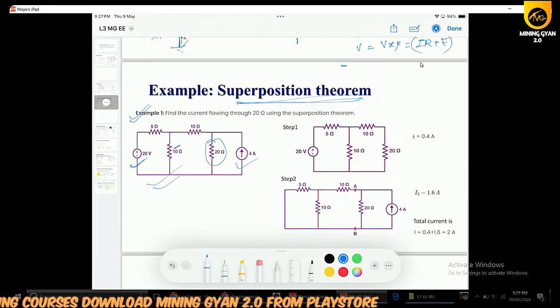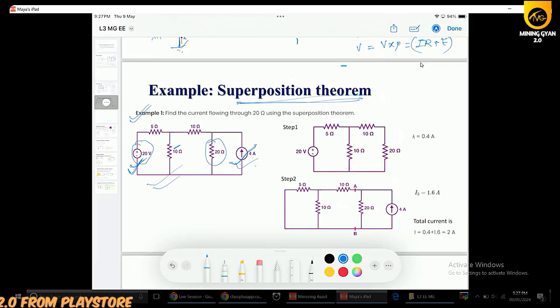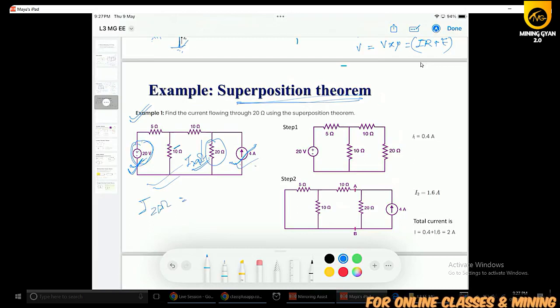We can consider the 20-volt source in step 1 and the 4 ampere source in step 2, calculating the current through this 20 ohm resistor by considering each source separately. After that, we add those two currents to get the total current flowing across the 20 ohm resistance.